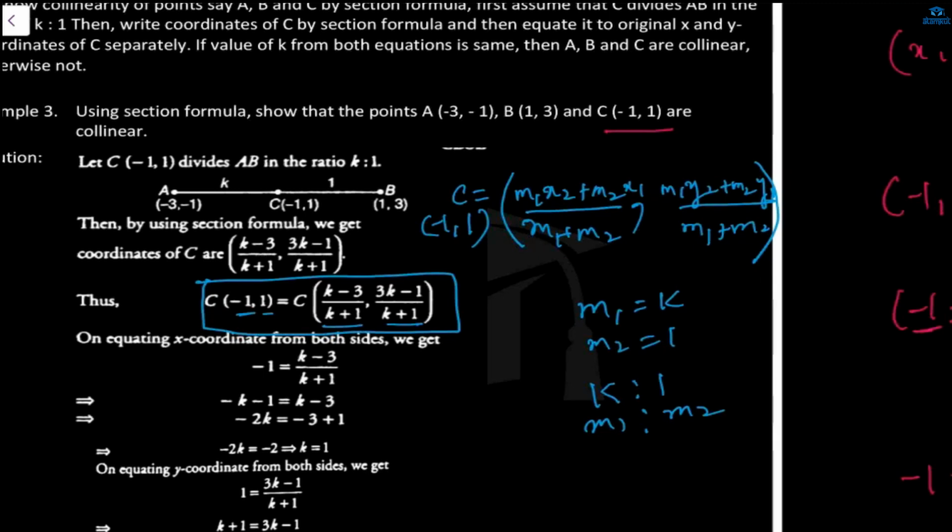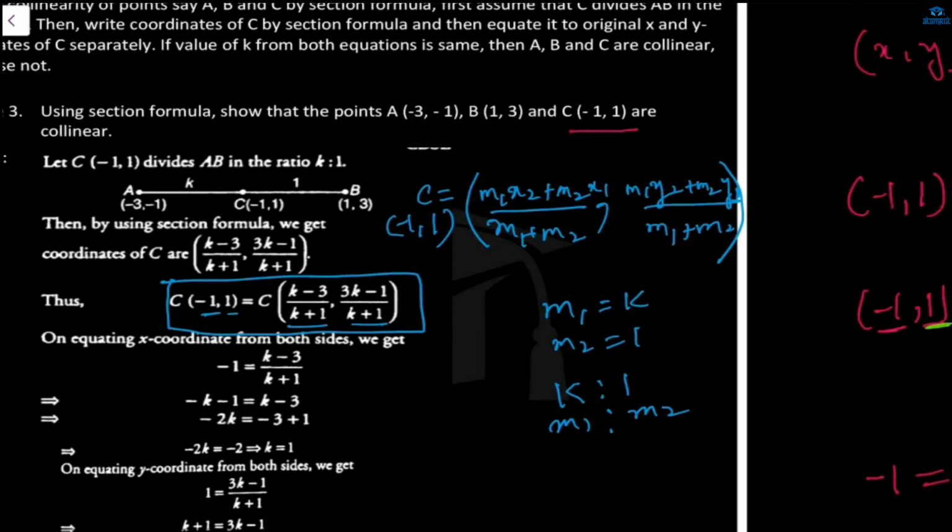So m2 is 1 and the x1 value is minus 3. So 1 into minus 3 will be minus 3. So k minus 3, and the denominator will be m1 plus m2, so k plus 1. Now similarly for the y coordinate, m1 that is k, the y2 value is 3, so 3k.